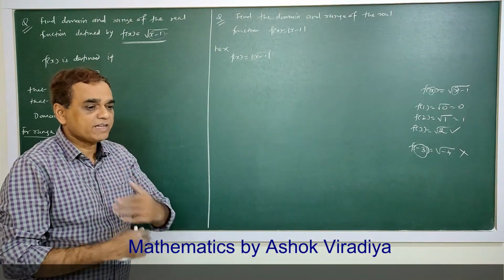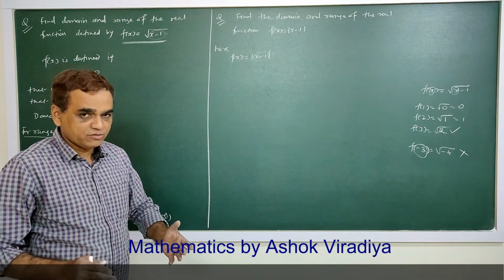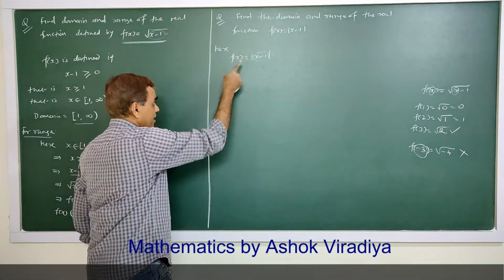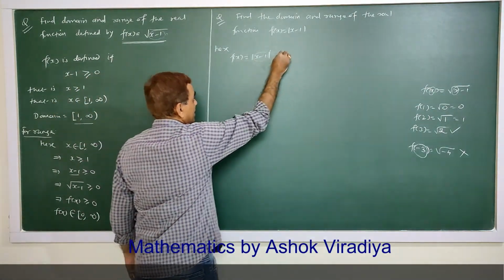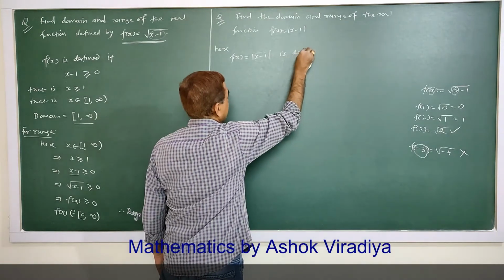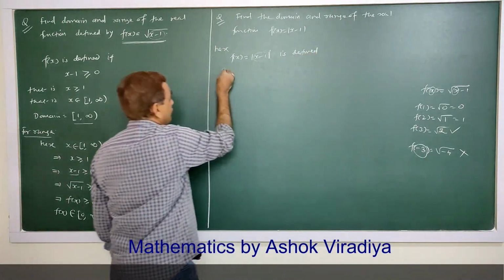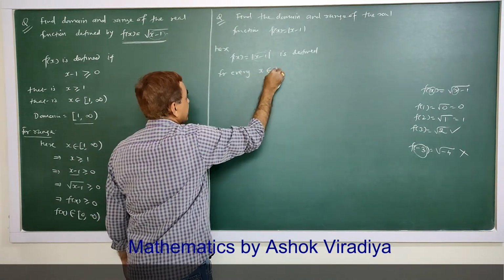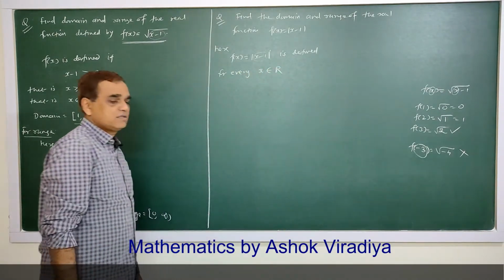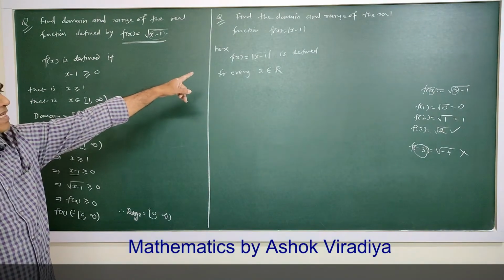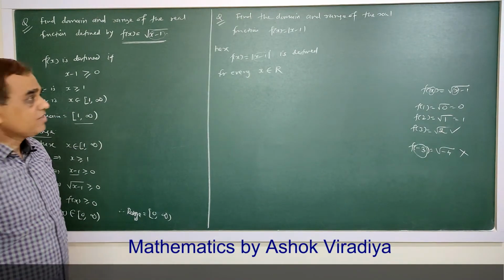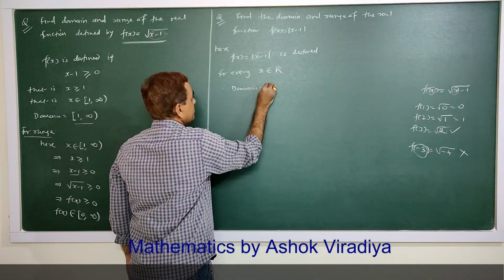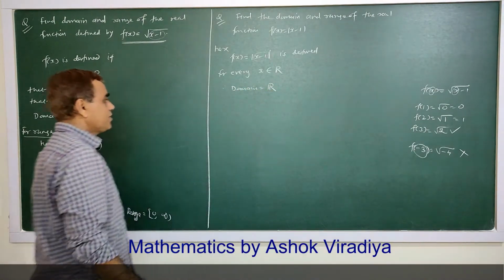Modulus calculates everything, whether positive or negative, its modulus is possible. So this function is defined for every x belonging to R. Any real number is allowed. Therefore, the domain of this function is R, the set of reals.